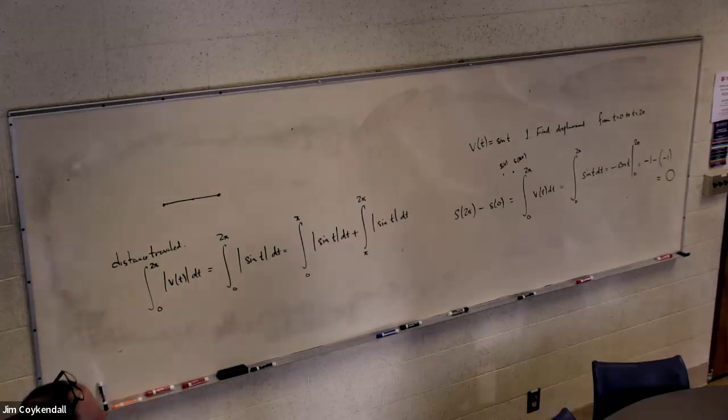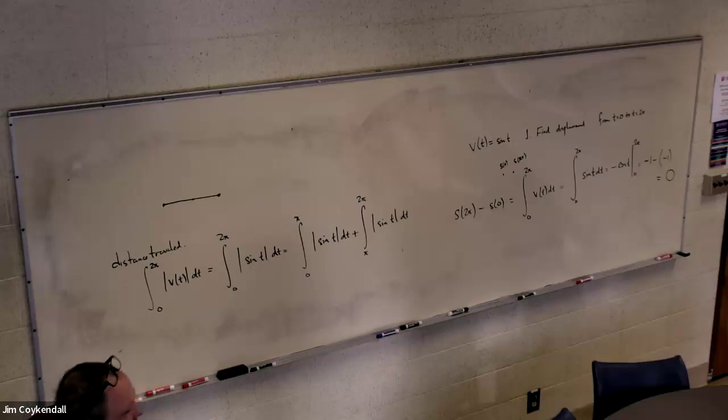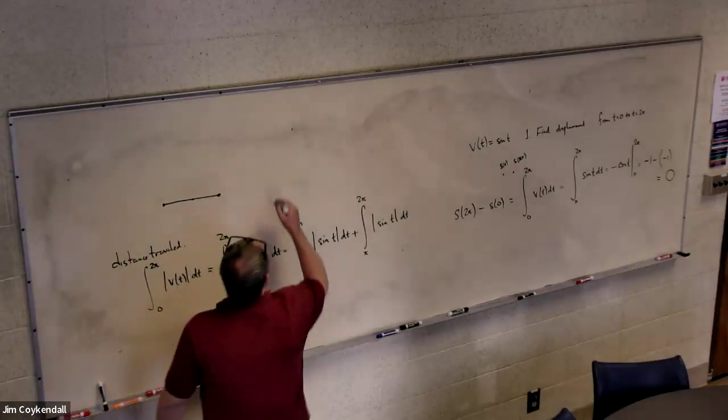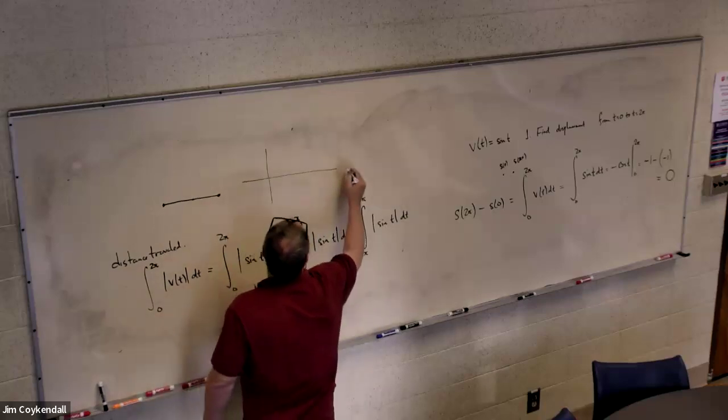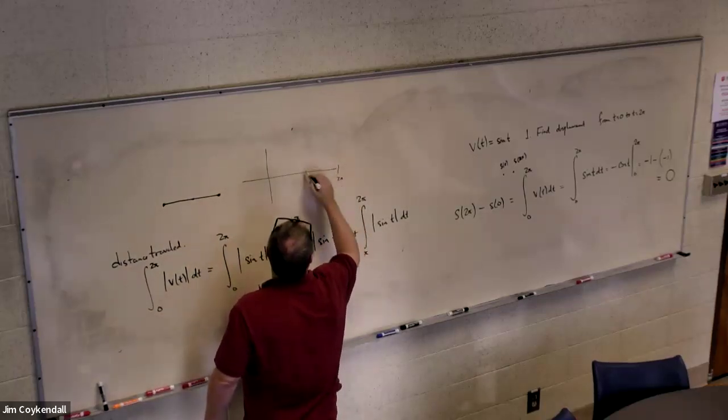My question is, why did I do this? Why did I choose to break it up this way? Let's start with a quick picture of sine t, and that might help.